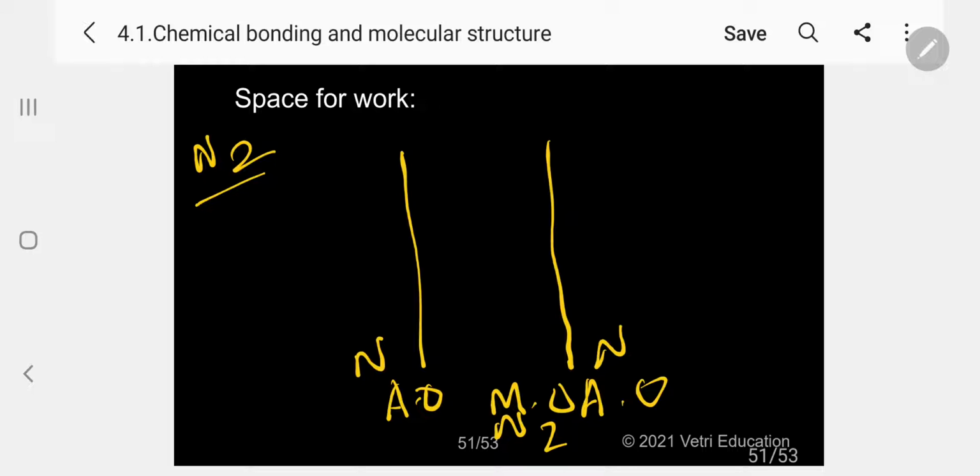Please follow the tricks I am giving. In the case of boron, carbon and nitrogen, the p orbital is there, that is nitrogen having 3p. I will write it bigger, so it will be easy.